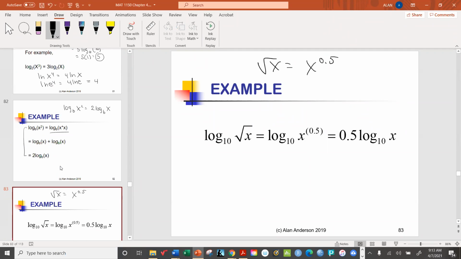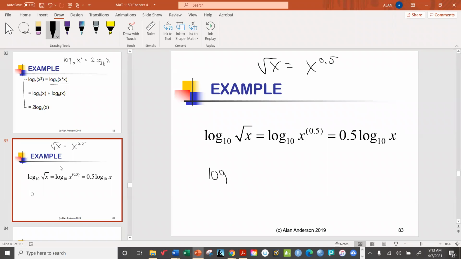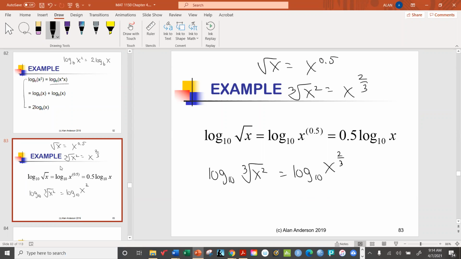So let's say I had something like this. Well, that's a tricky one because this is nothing but x to the 2/3 power. So that means what I've got here, x, sorry, I almost lost the x.